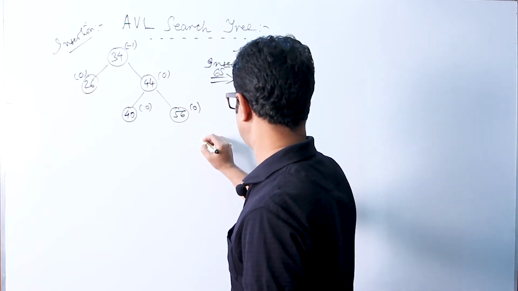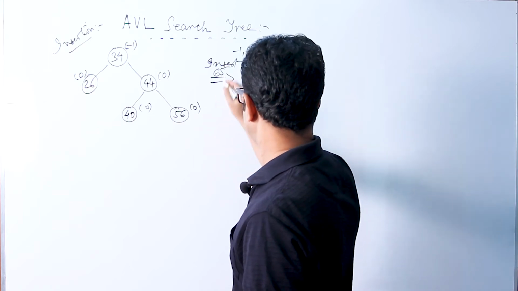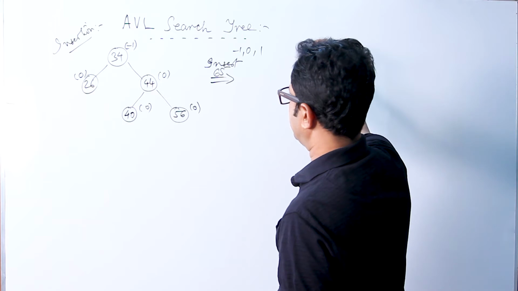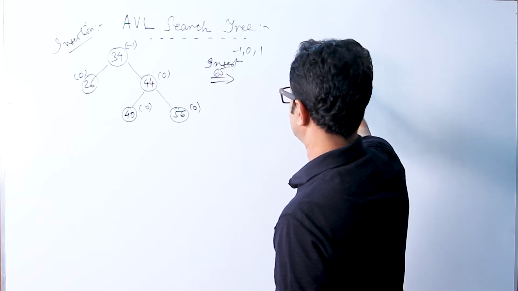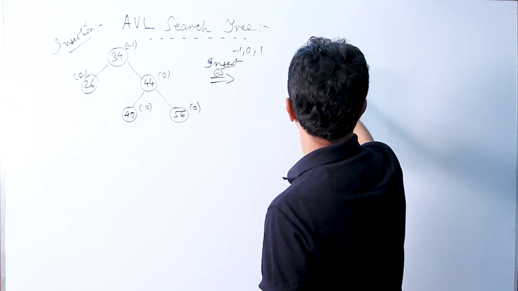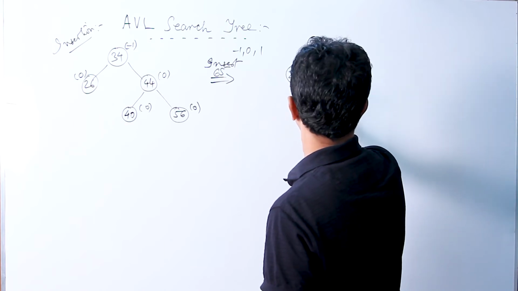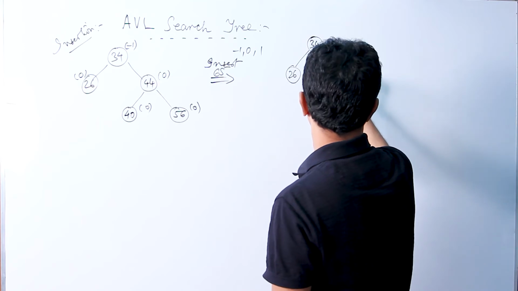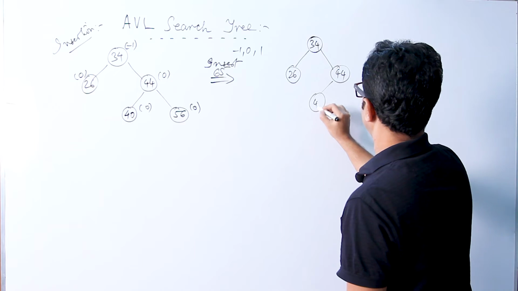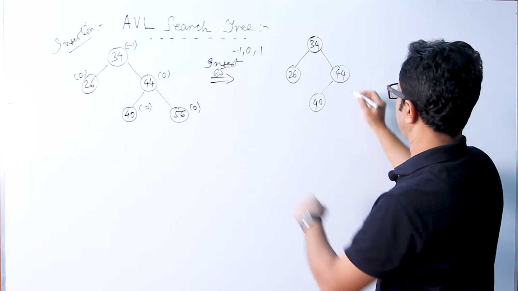We will just link this 56 with this 65, and I will draw the AVL search tree after the insertion of 65 on this side. So, let me write this once again: 34, 26, 44, 40, 56.